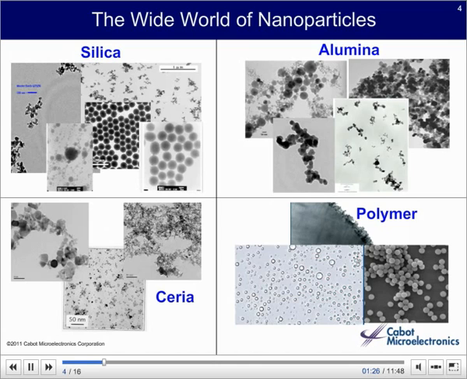Here are some of the nanoparticles we use in our slurries, commonly silica, alumina, and ceria, and generally 100 nanometers or smaller in size, about the same dimensions as the components we are polishing. Silica, or silicon dioxide, comes in many shapes and sizes.